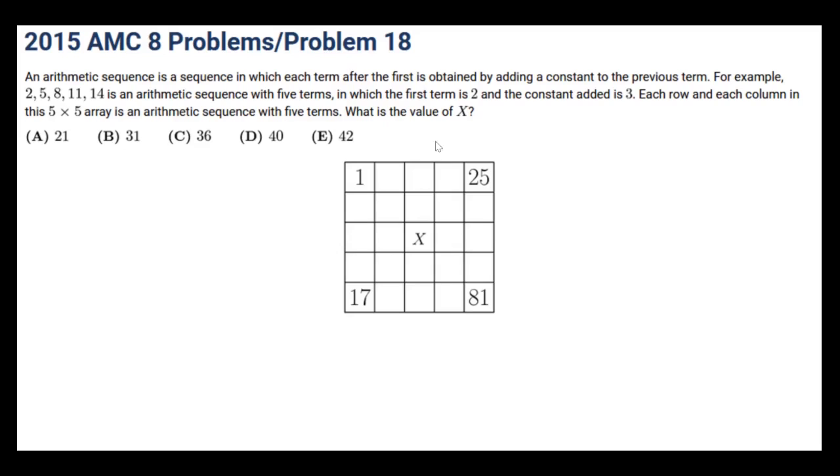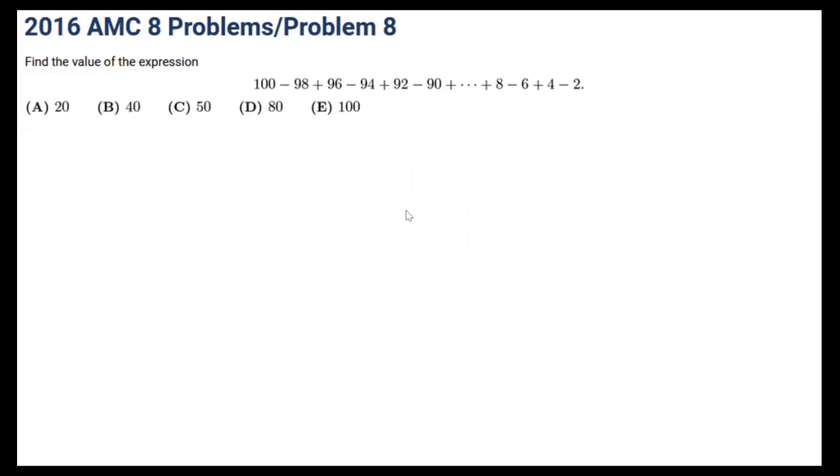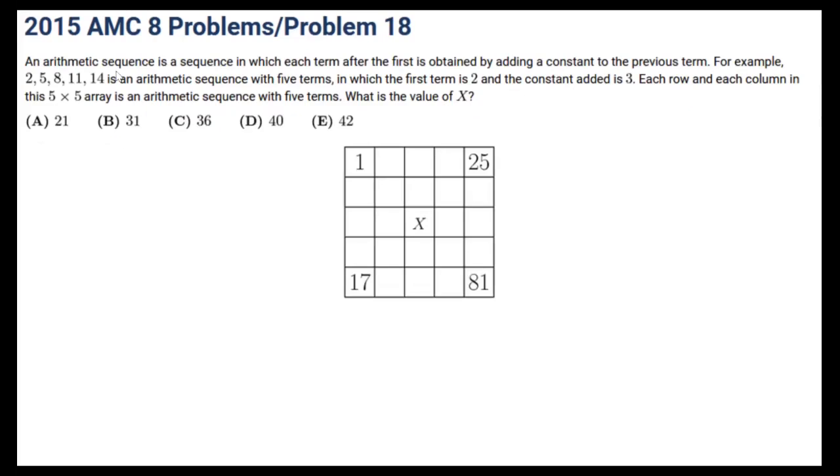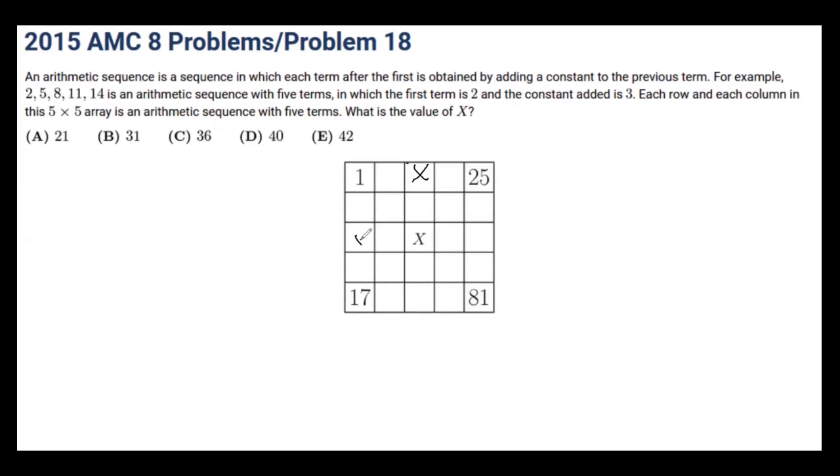So the way to do this is to note that you're given that each row and each column is an arithmetic sequence. So essentially, if you can calculate the values in either this square, this square, this square, or this square, we can figure out what x is.